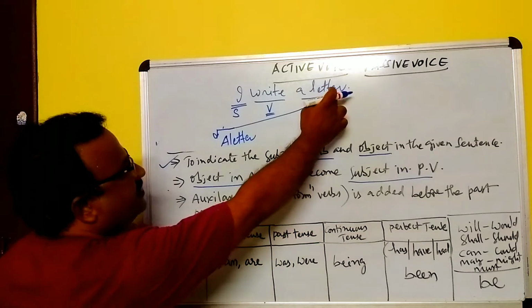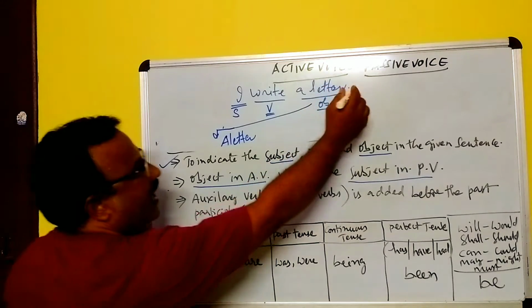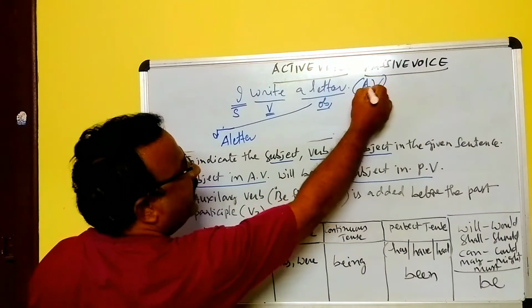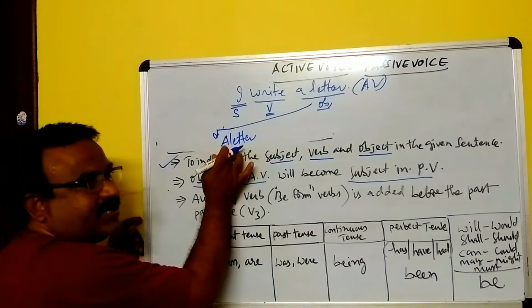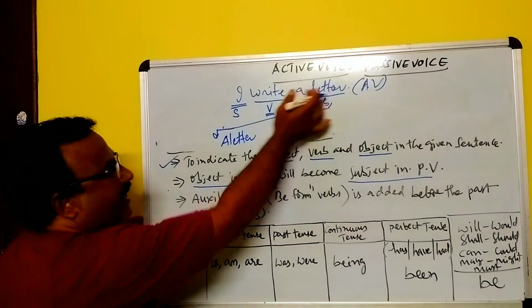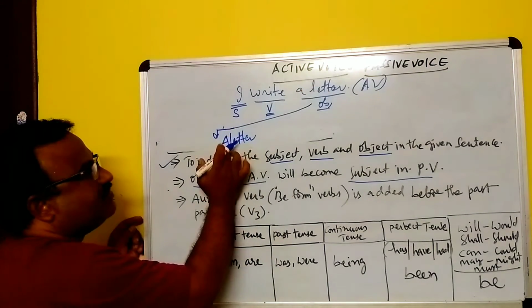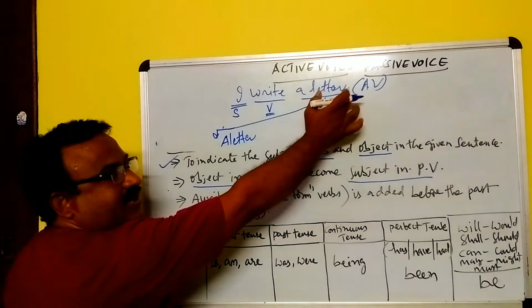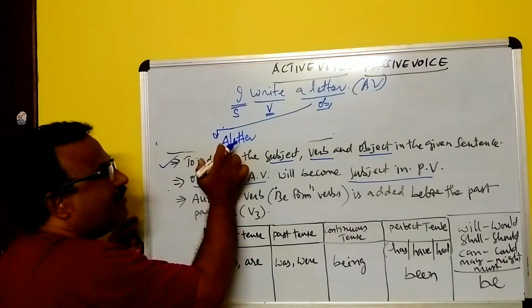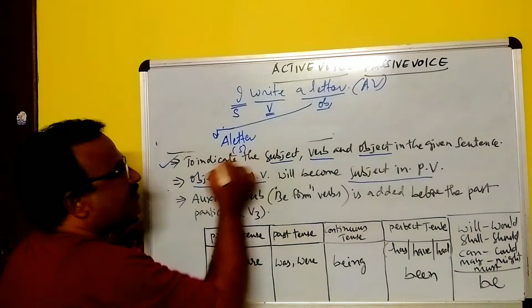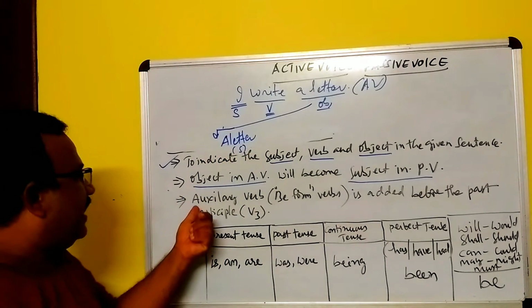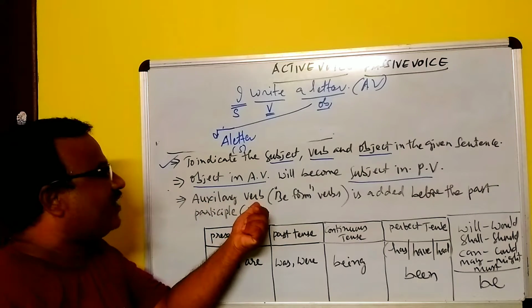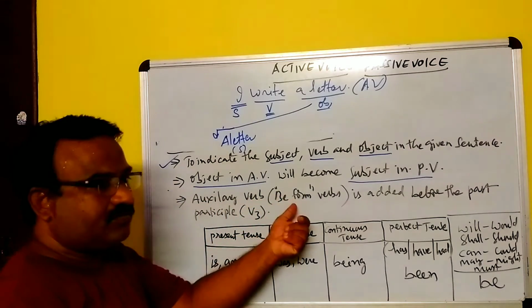See, an object in the active voice will become subject in passive voice. So a letter is now the subject in passive voice. Here a letter is the subject.